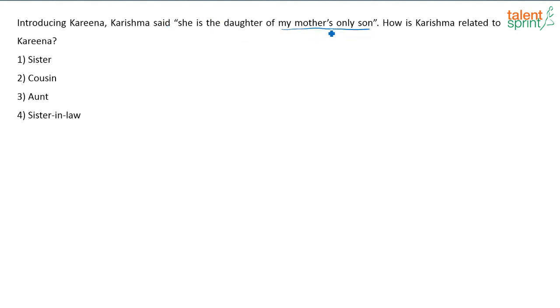Who is my mother's only son? My mother's only son is my brother. She is the daughter of my brother. She is the daughter of my brother means I am one generation above her. Correct? So Karina is there and this Karishma is one generation above Karina.